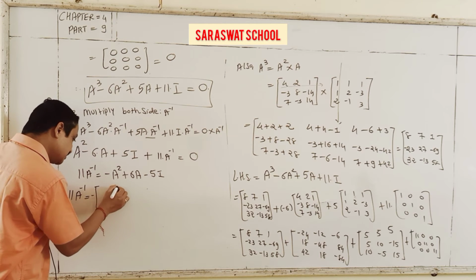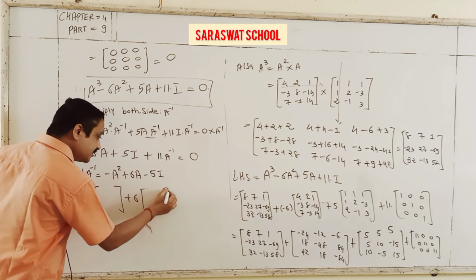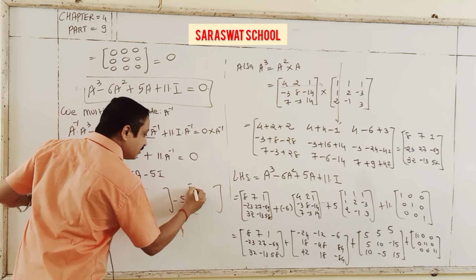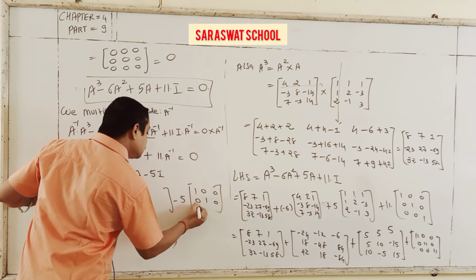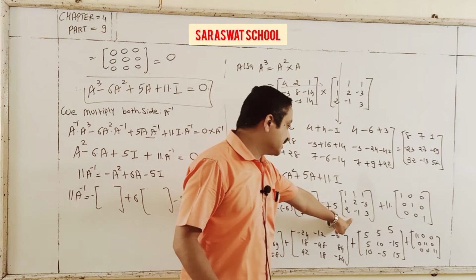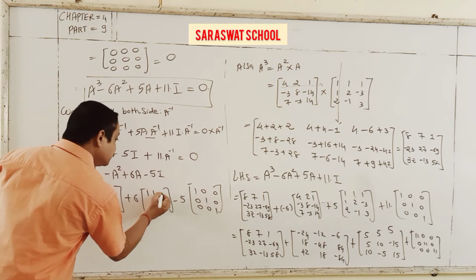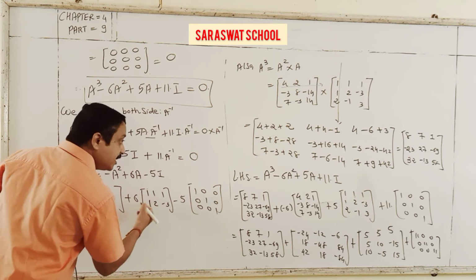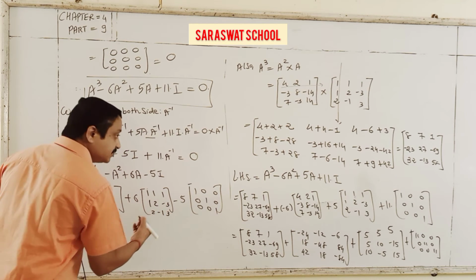Now minus A square, 6A and your 5I: 1 0 0, 0 1 0, 0 0 1. A is known to you. What is your A? Yes, that is your A: 1 1 1, 1 2 minus 3 and 2 minus 1 3.